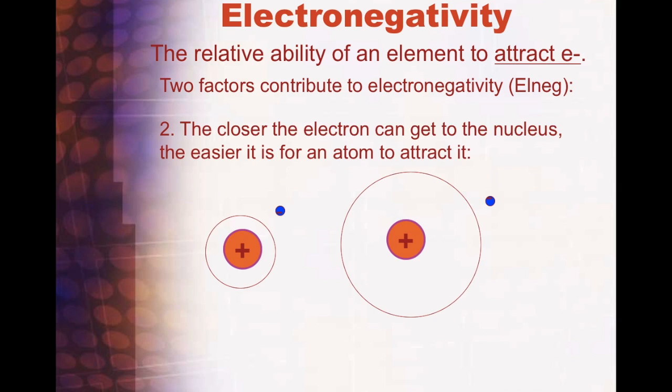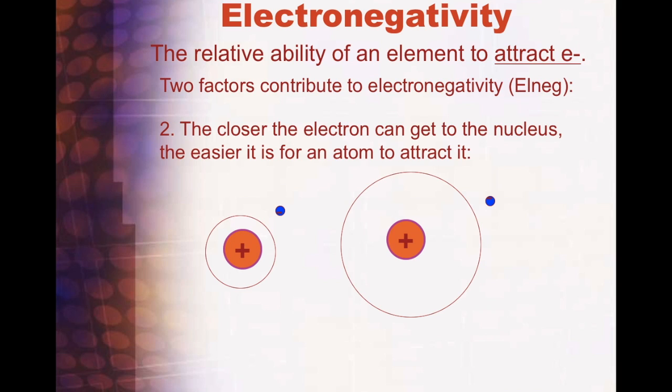The other thing that contributes to electronegativity, just as with ionization energy and metallic character, is how close or how large the atom is. Notice in this one, we're trying to gain electrons that aren't associated with the shell. They're outside the shell, maybe from another atom, and the atom is going to be gaining this electron.